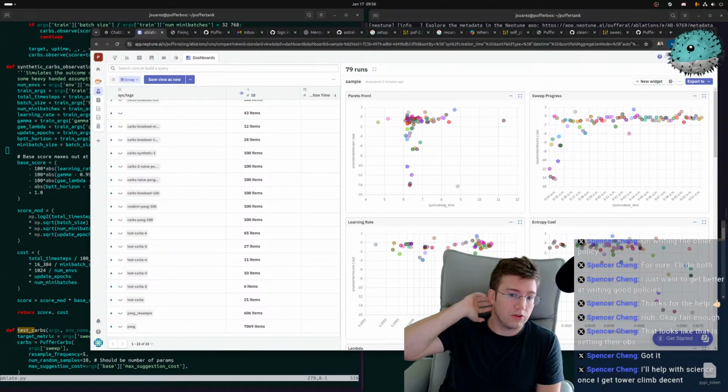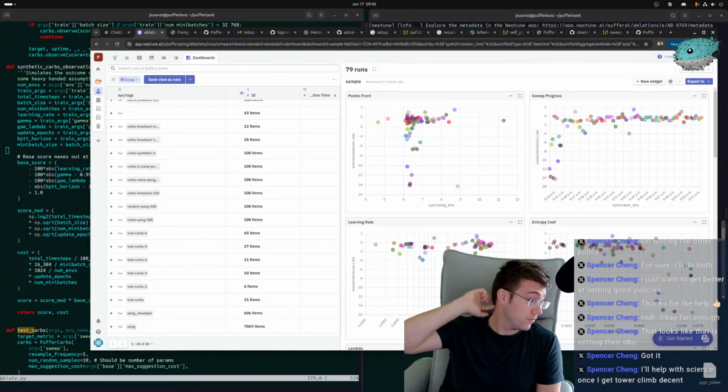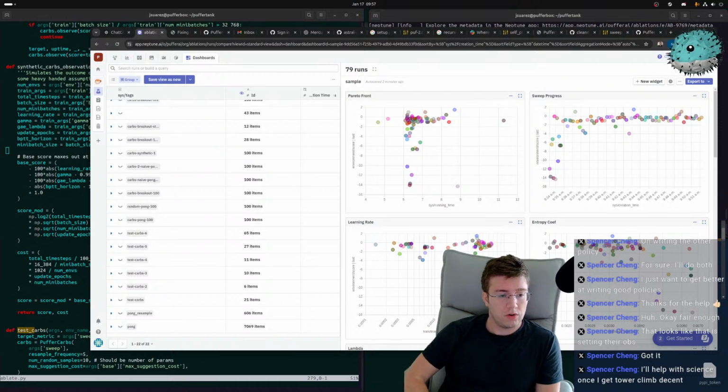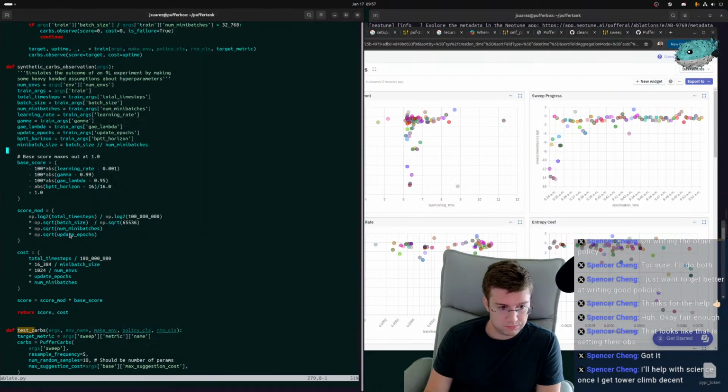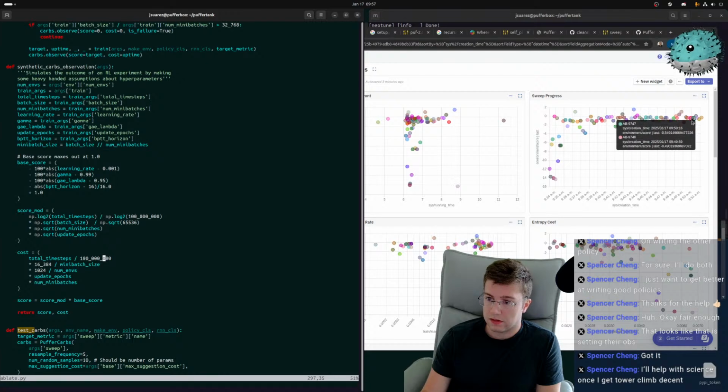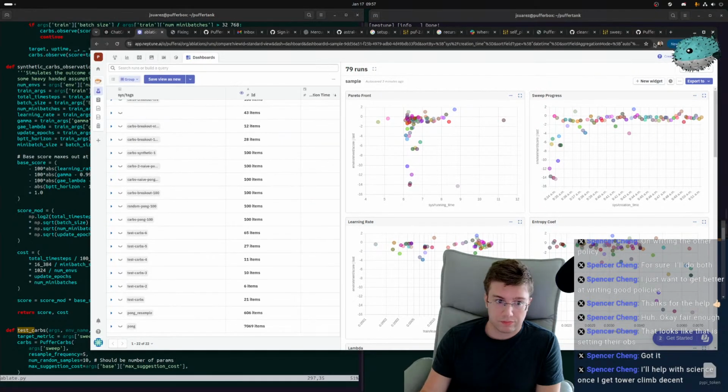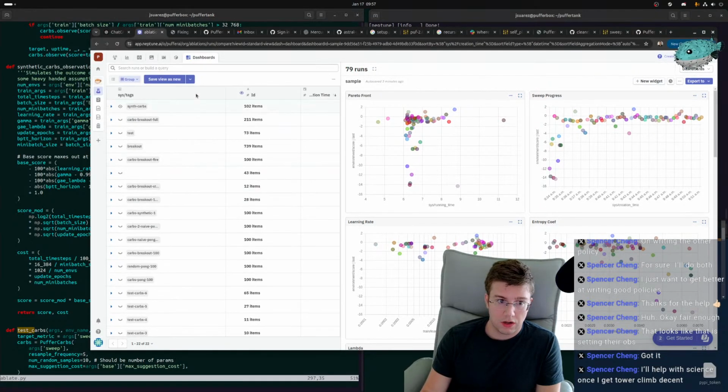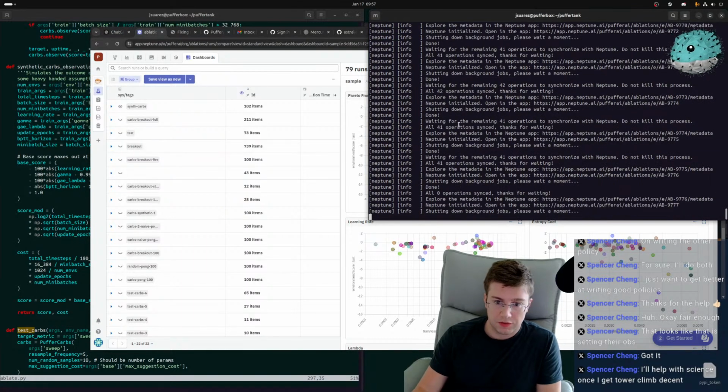This should just be able to shred this baseline. Is it the cost component that's messing with it? Because like clearly this is not what we want. Let me try something else.